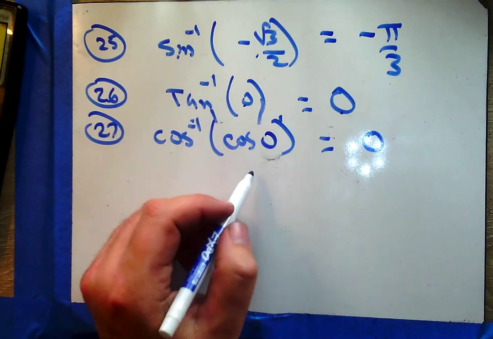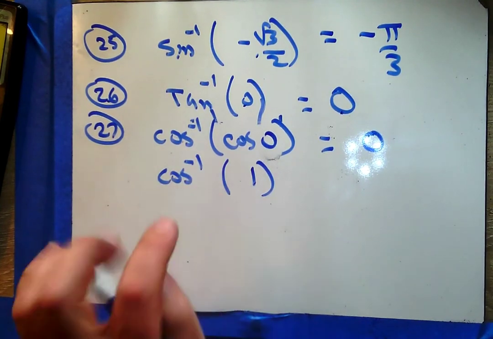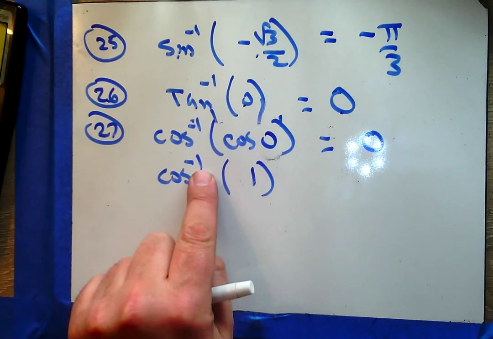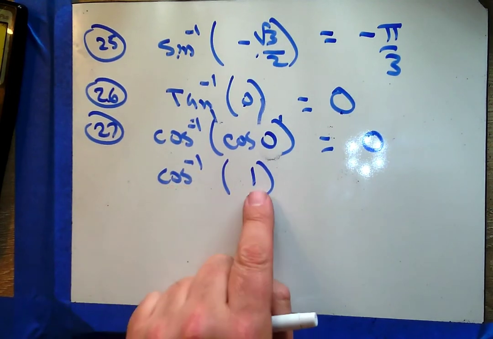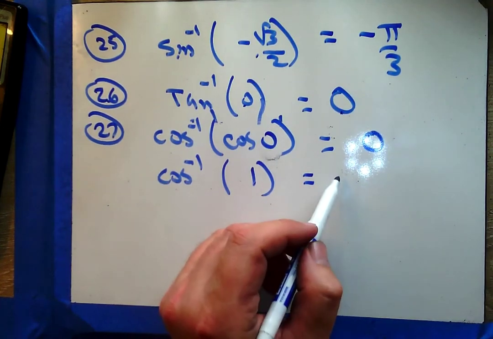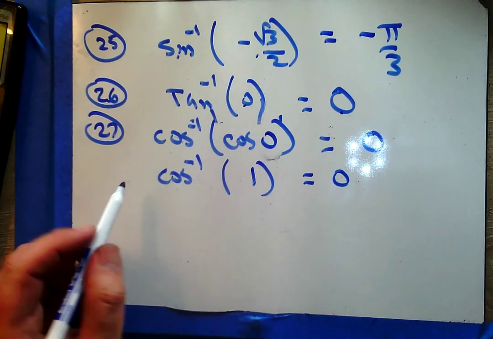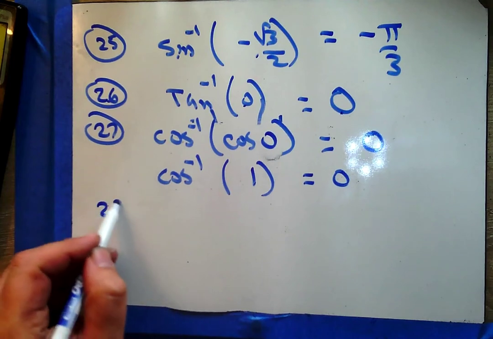What is the cosine of 0? 1. And now we have inverse cosine of 1. What angle within the restriction has an x value of 1? It's not 2 pi because that's outside the restriction. So it is, though, 0. 0 degrees, 0 radians. Our answers are in radians.